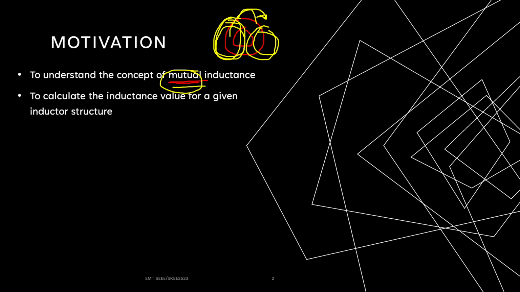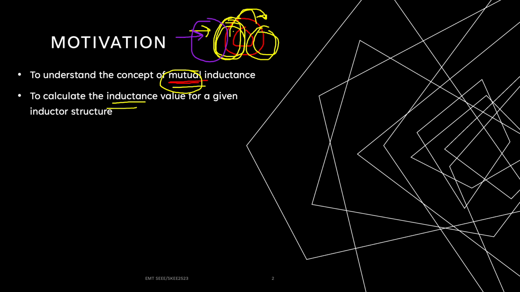We also would like to calculate the inductance value, where we need to consider the flux linked from the primary winding. The current source is still from coil number 1, because we supply the current at coil number 1.